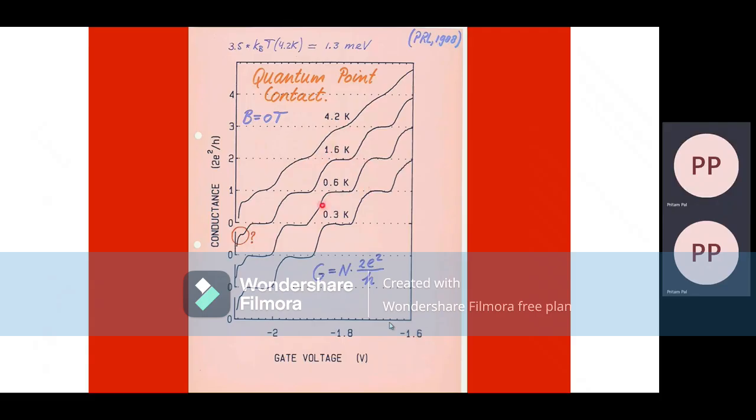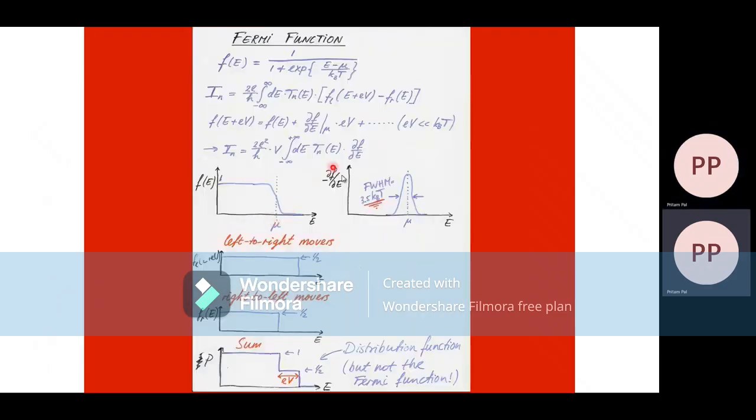The explanation for this is that for finite temperature, we have to consider a finite occupation of the energy levels.